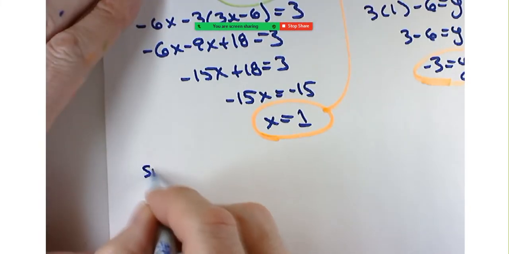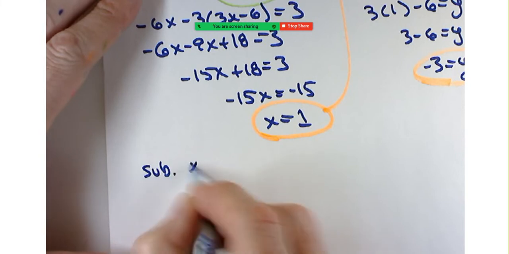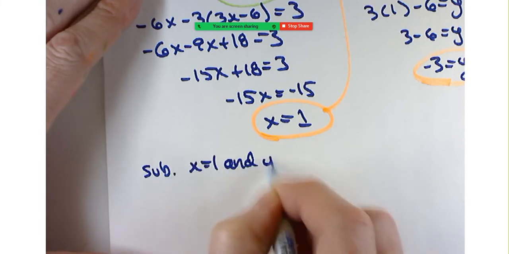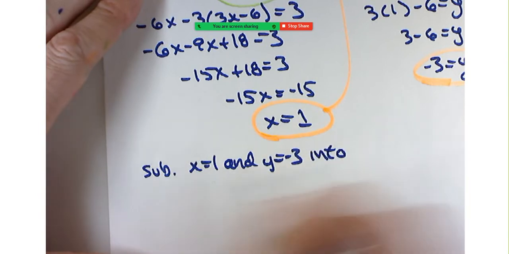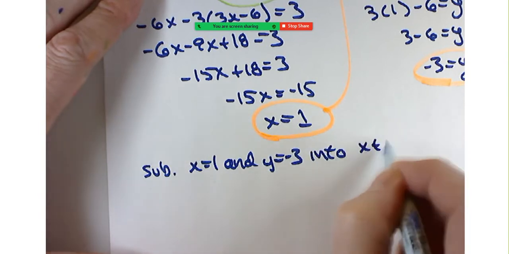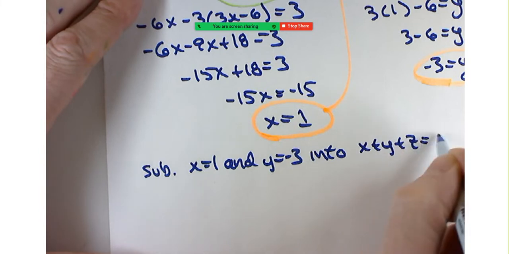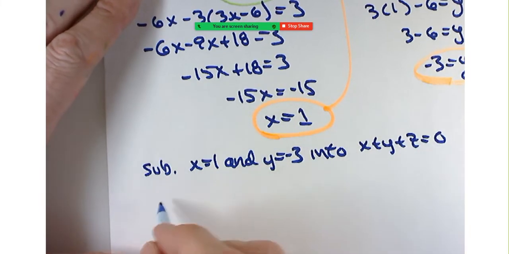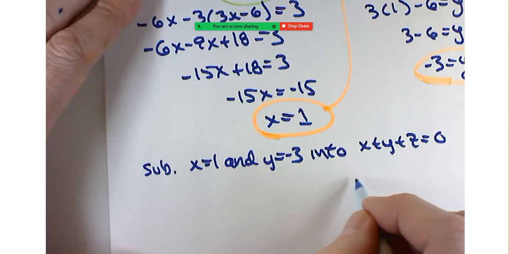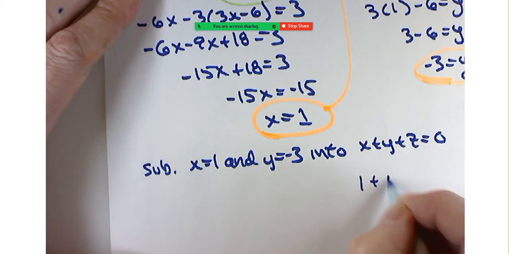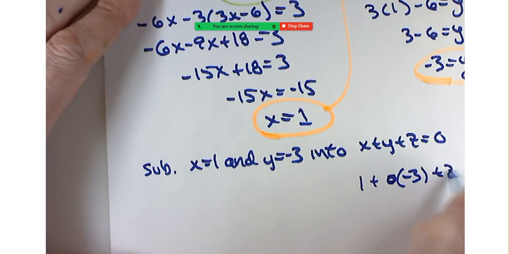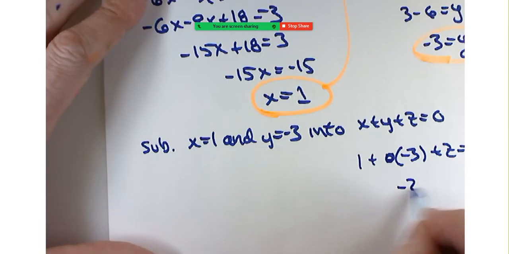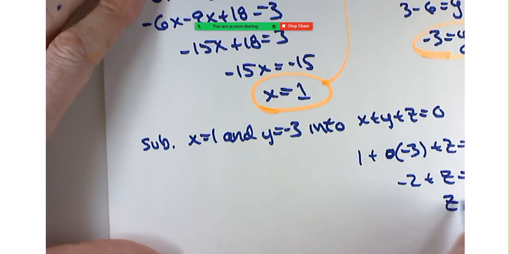So substitute x equals 1 and y equals negative 3 into x plus y plus z equals 0. It's going to look like this: 1 plus negative 3 plus z equals 0. Gives me negative 2 plus z equals 0, or z equals positive 2.